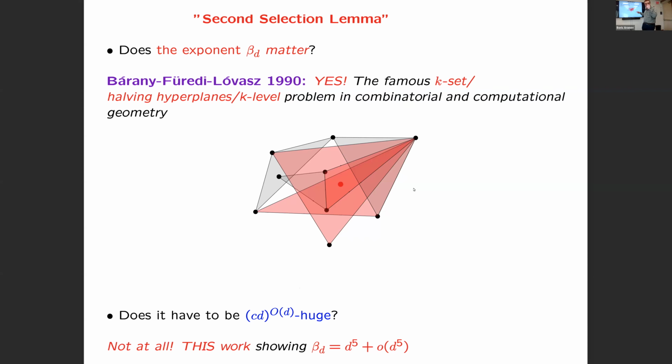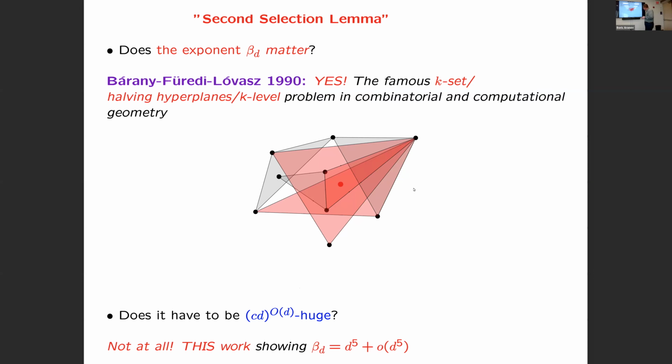Another question one may ask: does this exponent have to be exponential on its own? Does it have to be this huge, some constant times d to the power of some constant multiple of d? Why is it not something nice like d or d squared? Why do we have to suffer?